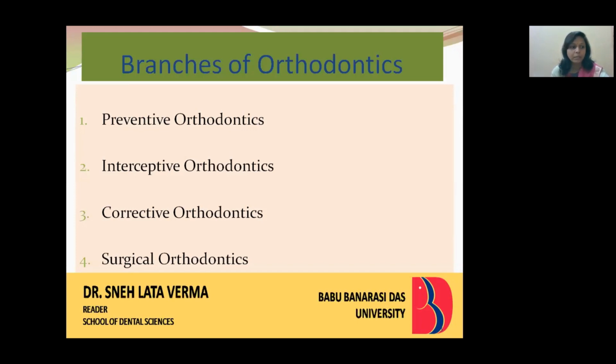Whereas in interceptive orthodontics, the procedures are undertaken at an early stage of malocclusion to eliminate or reduce the severity of that developing malocclusion. So it includes the secondary preventive measures. And some measures in preventive and interceptive orthodontics overlap each other.